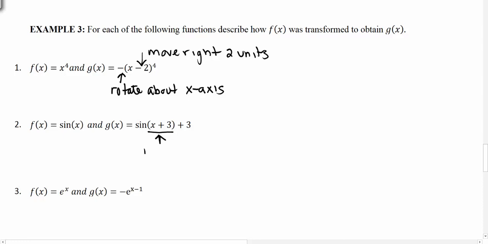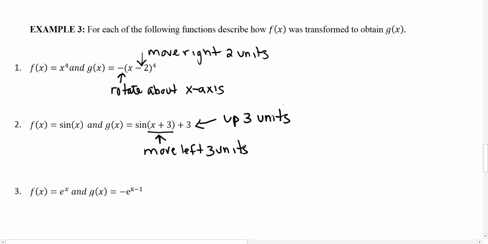So this is moving it left 3 units. When you add on the outside of the function, that's what moves it up and down. Since we're adding 3, we're moving up 3 units. So the transformation here is that sine has been shifted left 3 units and up 3 units.